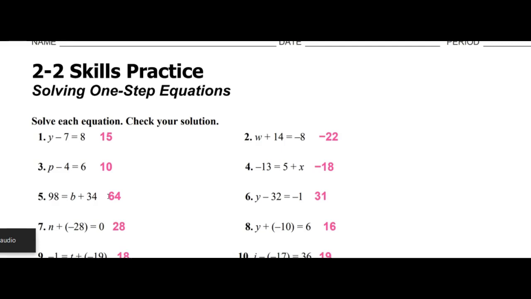Did anybody miss any of those that you would like to see the work for? Is there one you want to see the work for? How many of you got a perfect? Raise your hand. Perfect. All right, how many of you want to see one of those questions?